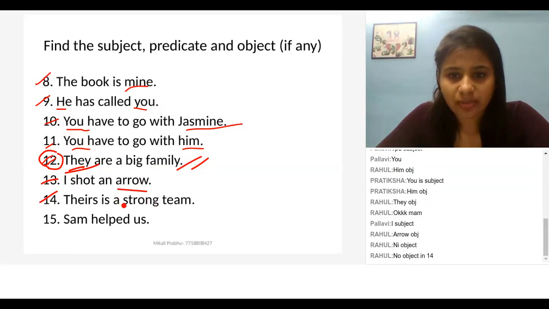In 14, there is no object, but what is the subject? Yes, right. And Sam helped us.